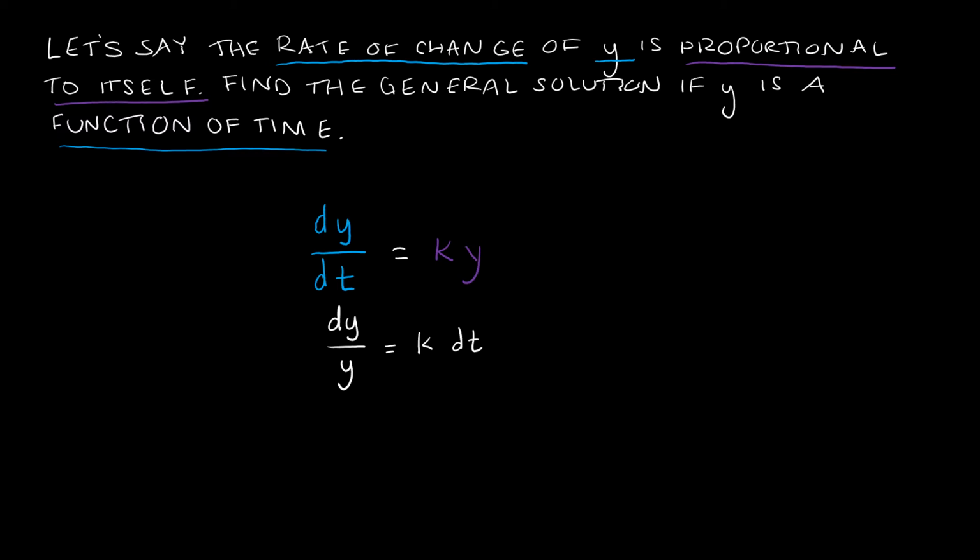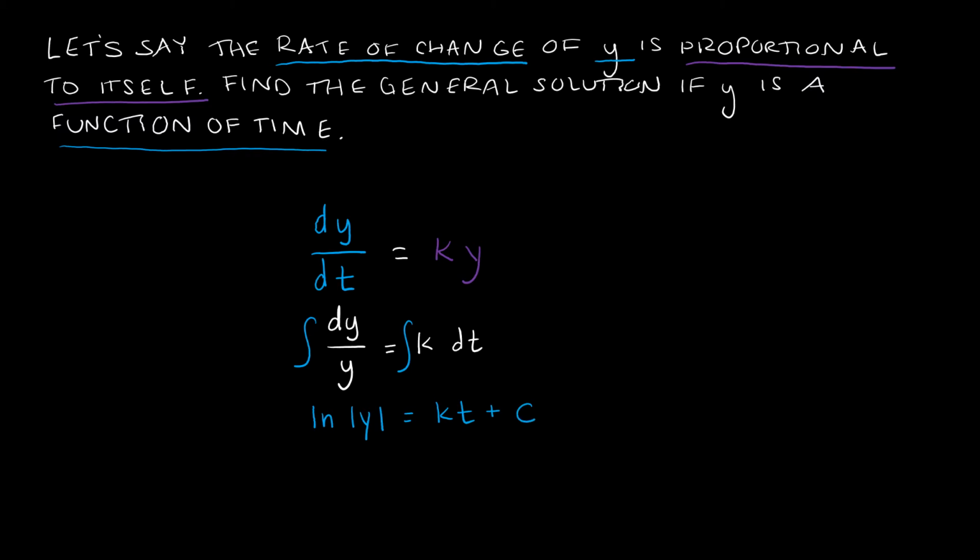So let's go ahead and integrate now. So we know if I integrate dy over y, that's just the natural log of the absolute value of y. On the right side, I'm going to end up with kt plus c.